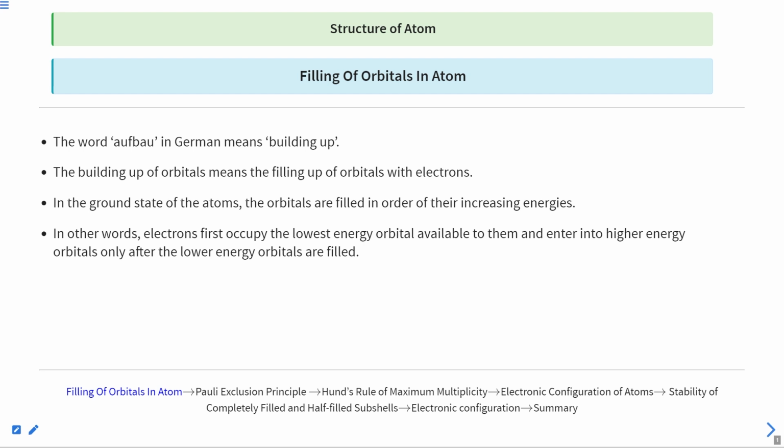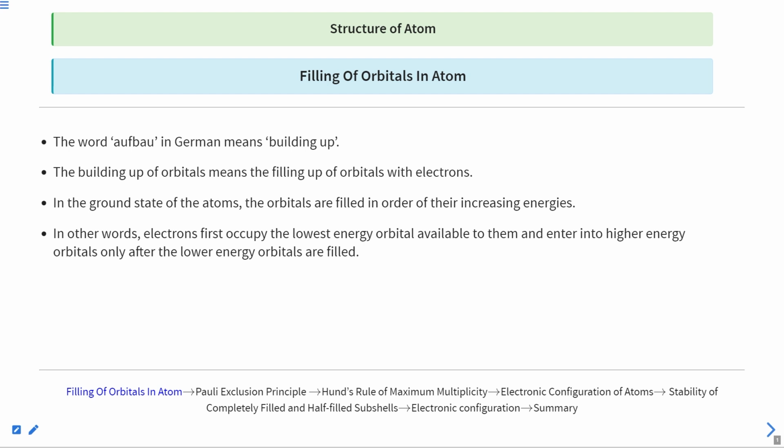Now remember one thing again from a previous class, which is very important: if you are treating a single electron system or a hydrogen-like atom, then the energy order would be different. 1s will have the lowest energy, then 2s and 2p, both of them will have the same energy.